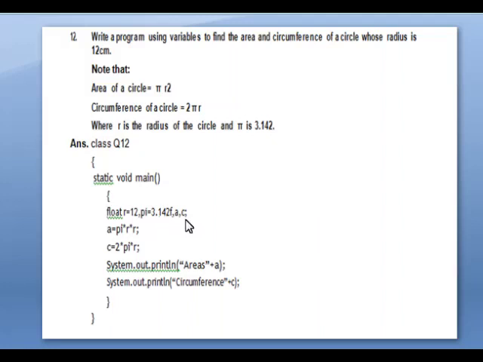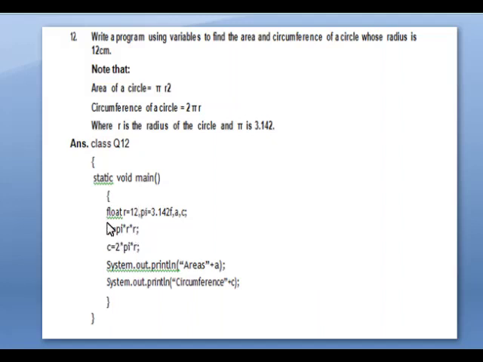Then for area we use a variable a, and for circumference we use a variable c. a equal to pi r square. So in pi we stored 3.142, right? So we are using the variable pi here. Pi into r: pi means 3.142 will come here, r's value 12 into 12.